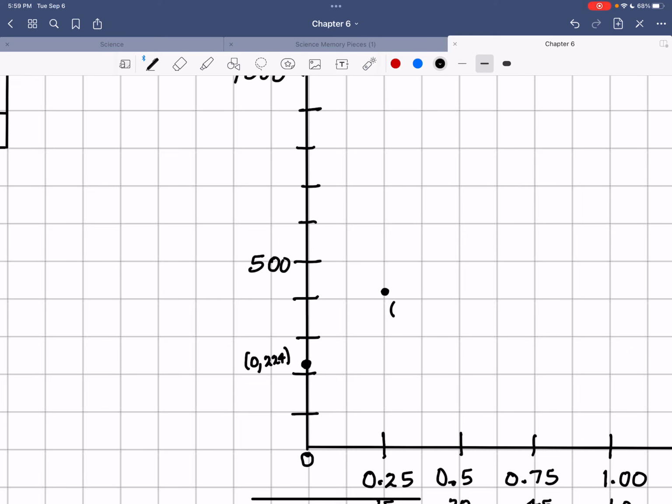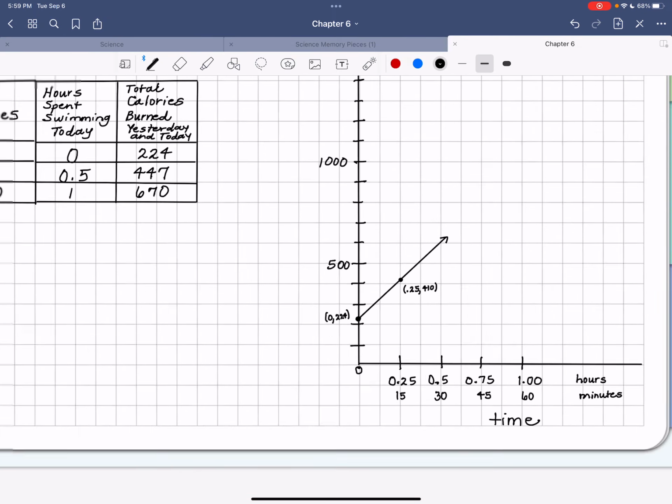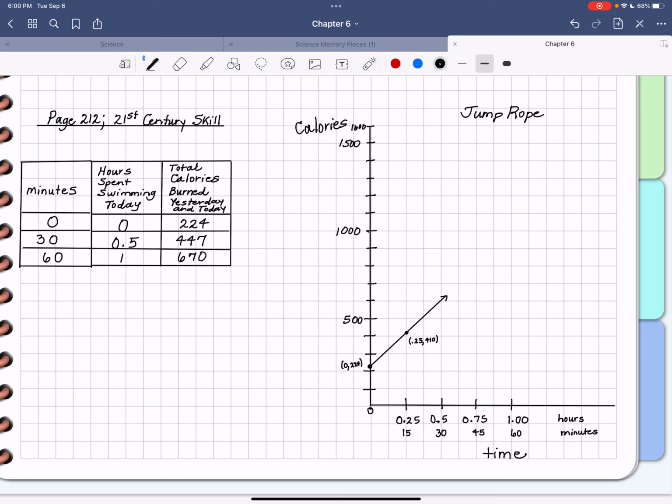So at 0.25 hours, or 15 minutes, he has burned 410 calories jumping rope. And they go ahead and connect those two dots to make the function graph. And it is linear. It does not meet the 0,0 criteria because he has that 224 calories that he's carrying over from yesterday.